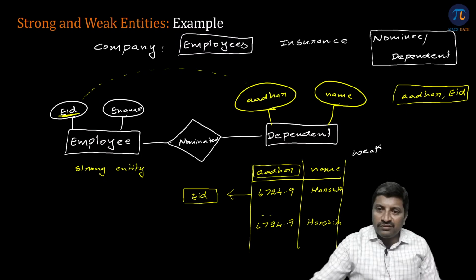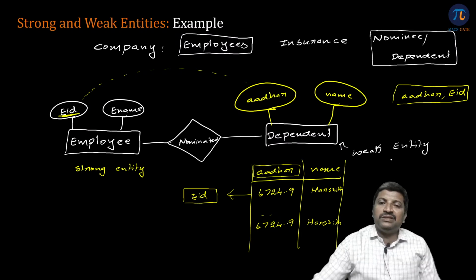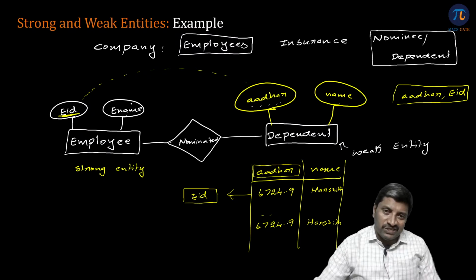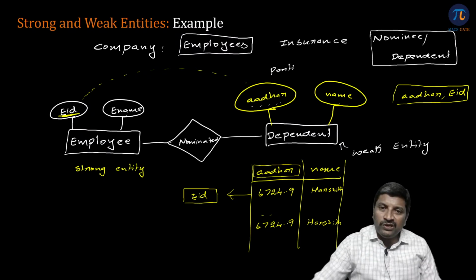Whenever the entity doesn't have a key on its own, that is called a weak entity. And this Aadhaar number, which you are using to combine with someone else, is called a partial key. So it is a key, but not on its own.